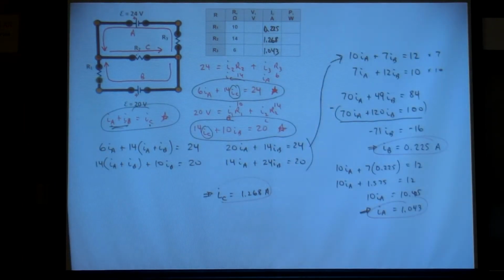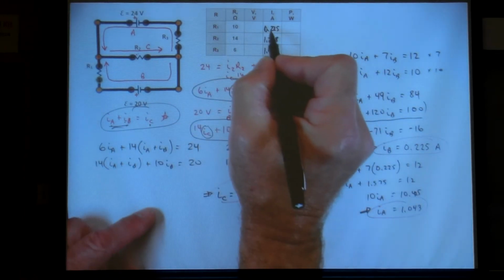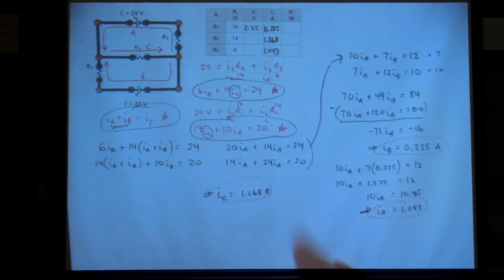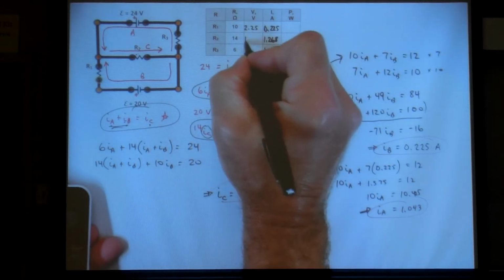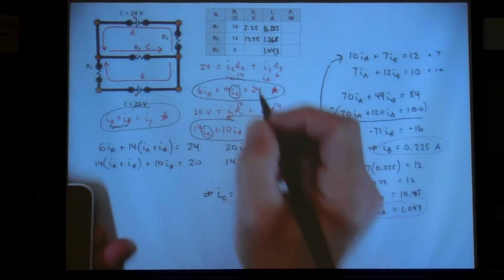To get the voltage, I multiply current times resistance. So 0.225 times 10 will be 2.25. 14 times 1.268 is 17.75, and 6 times 1.043 is 6.26.